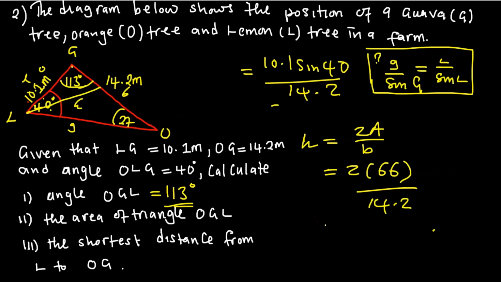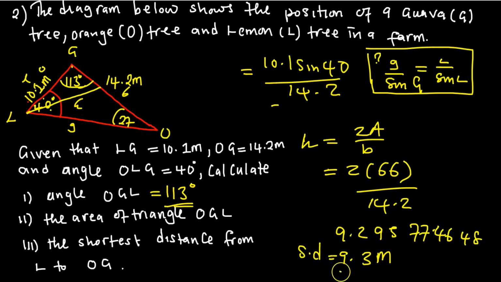Let me just try to copy this one. So it's giving me 9.295774648, which is same as the 9.3 meter. Okay, so the shortest distance, SD, is equals to this one.